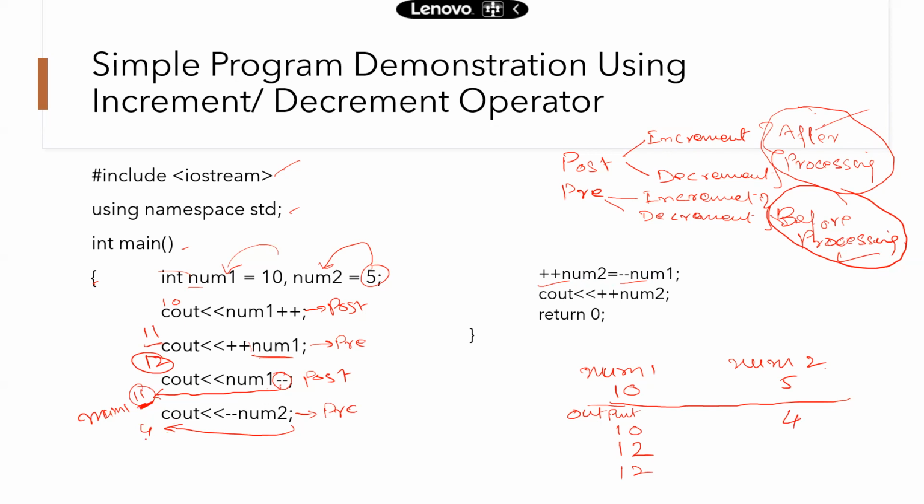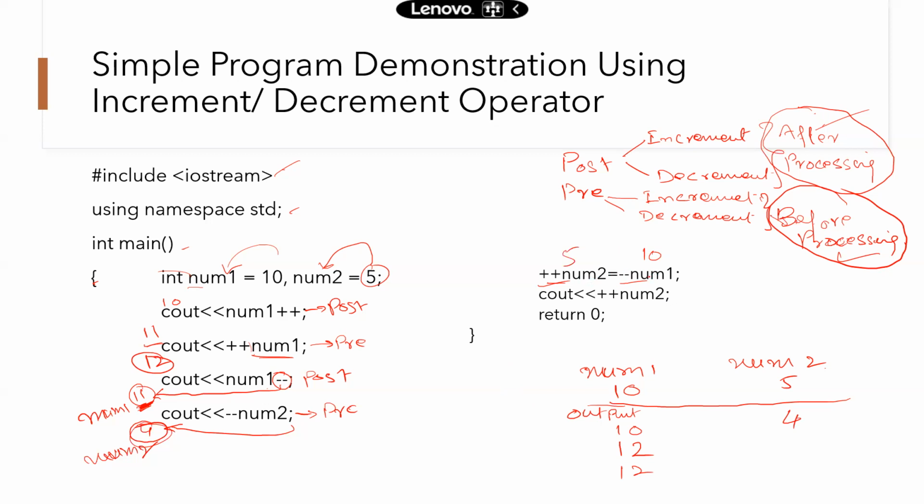So num2 at this point of time is 4. All right. Num2 is 4. We had seen it as a 4. So num2 being a pre-increment is going to become 5. But num1 over here, because it is 11, is going to become 10. Because this is a pre, it is going to decrement as well as increment before num1 is assigned to num2.